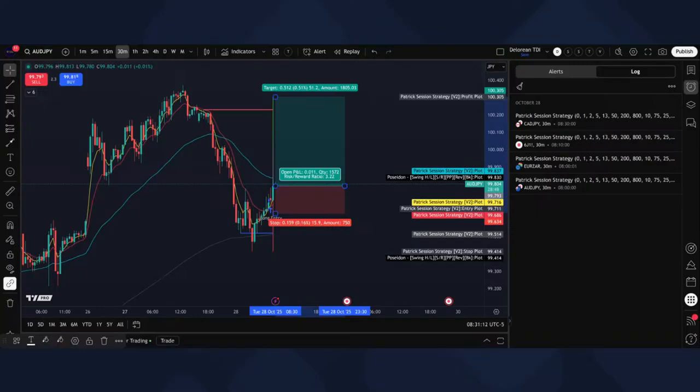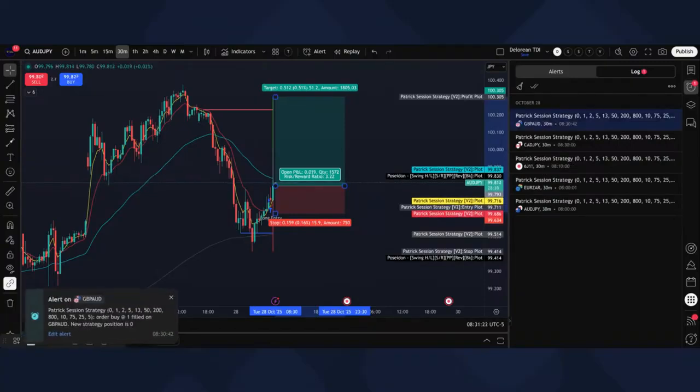Where are we? Here. And this is a 30-minute confirmation buy. Entry price, it's the 3.22 risk. Entries at 99.793.